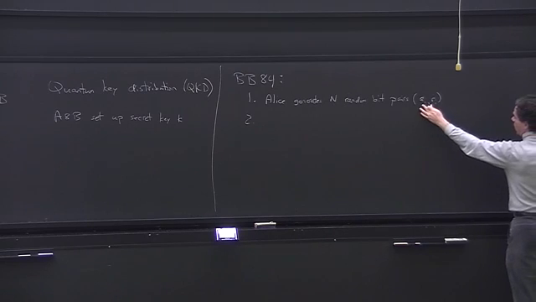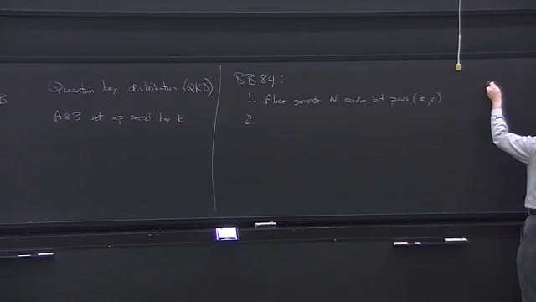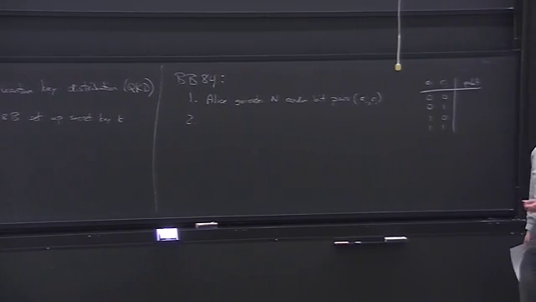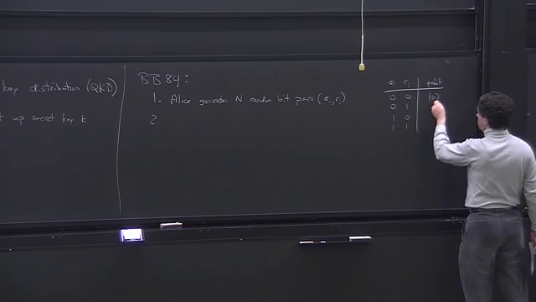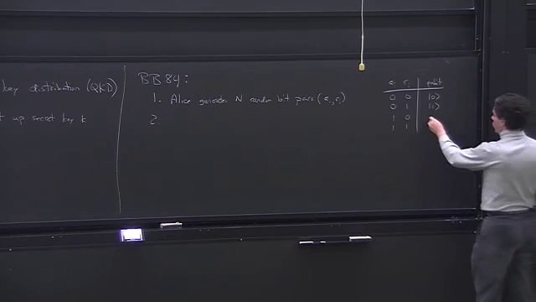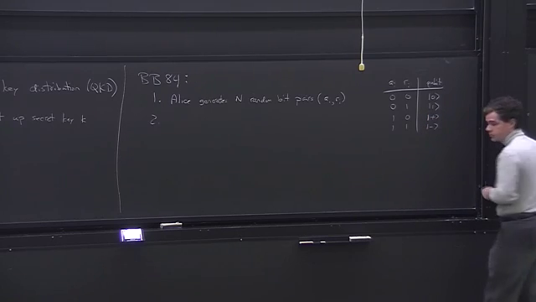So a_i is going to be the basis, and r_i is going to tell you which state you have within that basis. If a_i is 0, Alice is going to use the Z basis, the eigenbasis of the Z operator, and so she's sending either 0 or 1. And if it's the 1 basis, then Alice is going to use the X basis, the eigenstates of the X operator, and so she's sending plus or minus.